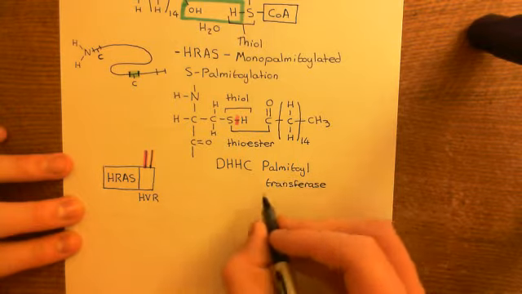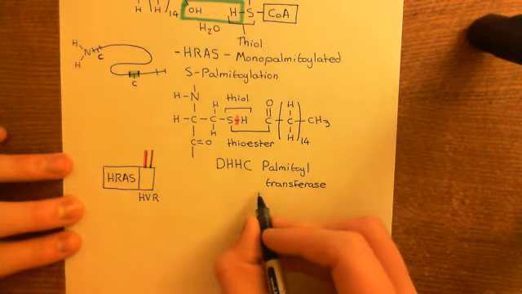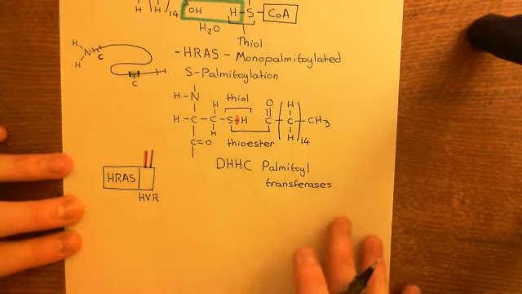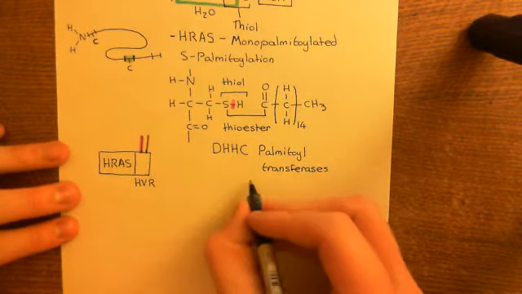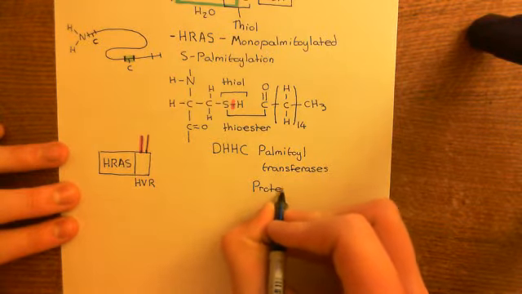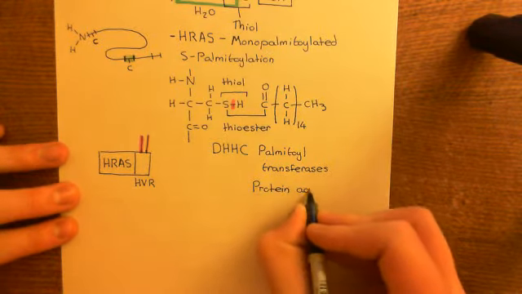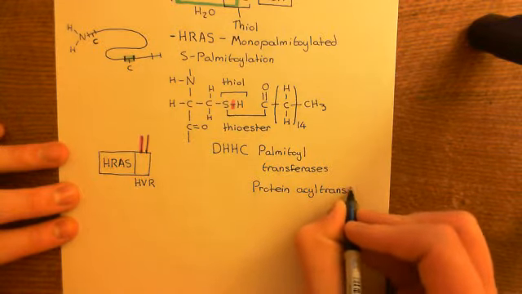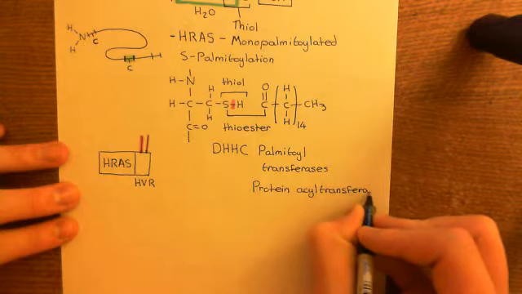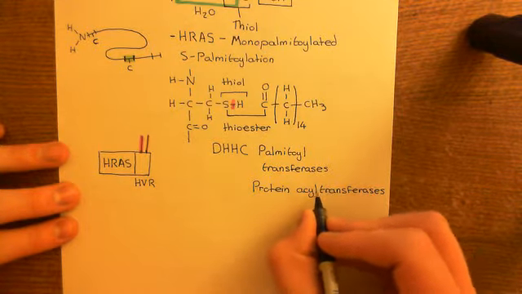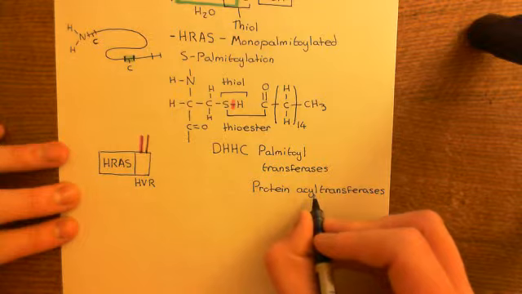Now, palmitoyl transferases are all members of a bigger family, which you'll often see these enzymes referred to as, which is the protein acyl transferases. This larger family contains all enzymes which basically transfer acyl groups onto proteins.